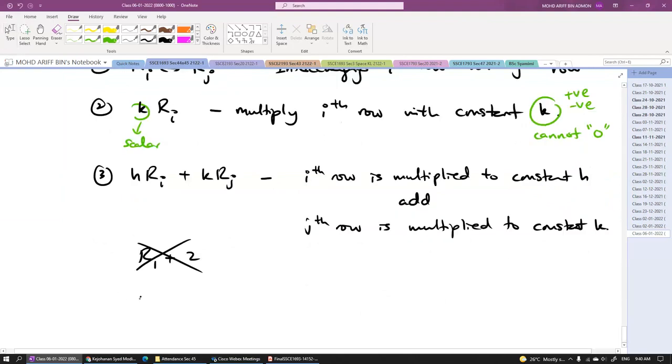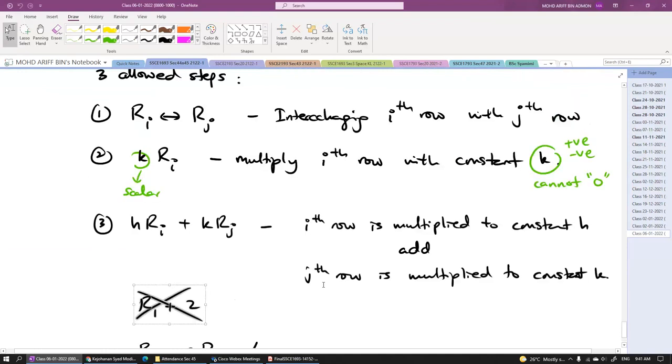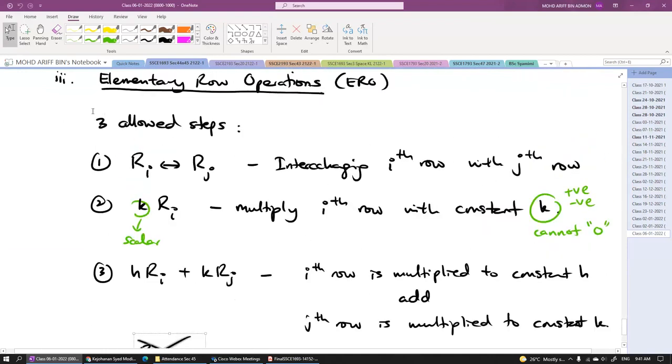Row 1 plus 2 times row 2, this is okay, no problem. You cannot add a row to just a constant. Remember, this is a common mistake if you do not understand this arrow. So we have just 3 steps here.